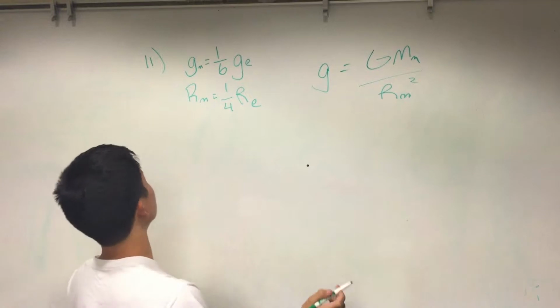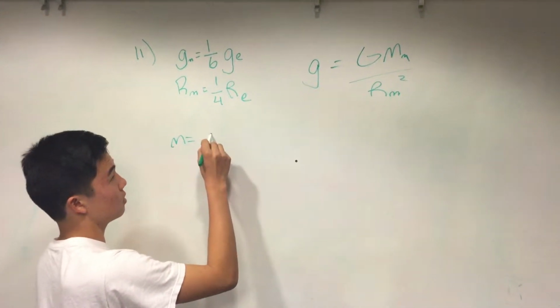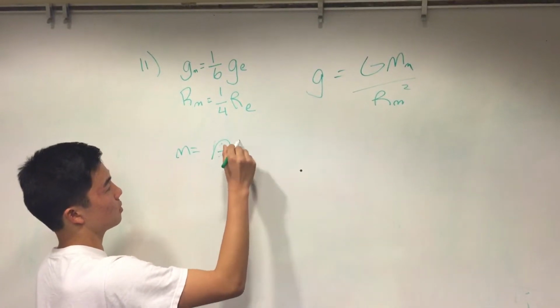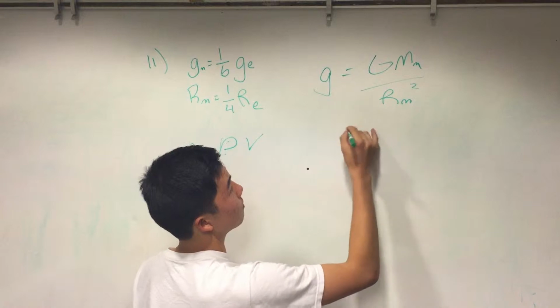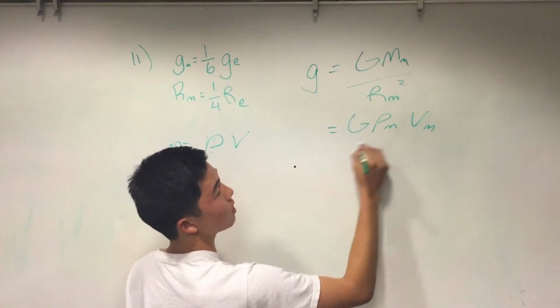And then we know that mass equals density times volume. So we can put density of the moon times volume of the moon here.